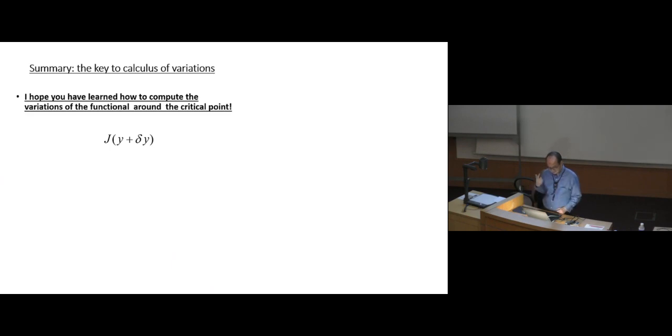All right, let's do a summarize of what we have learned. So the key to the calculus of variations is how do we compute the variations of a functional around the critical point? Let's say y is the optimal solution. How do we evaluate, right, the change of the functional around this optimal solution?